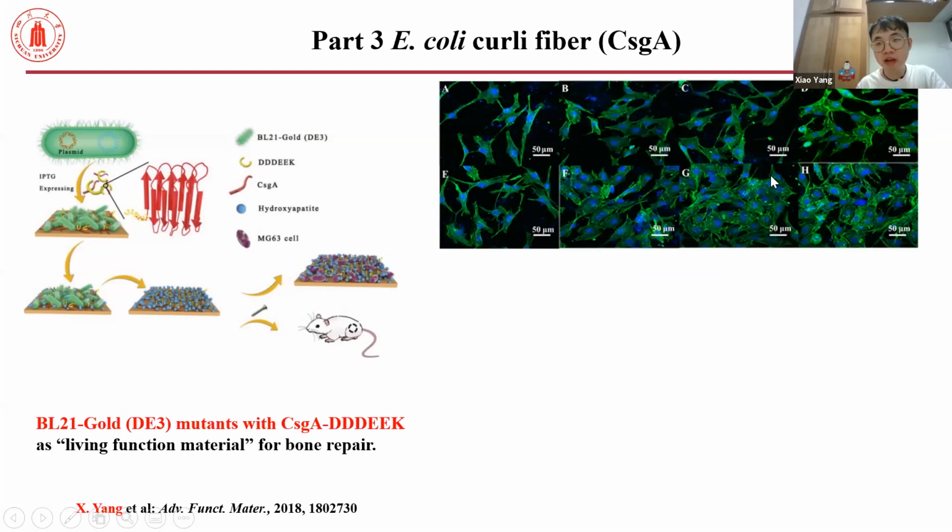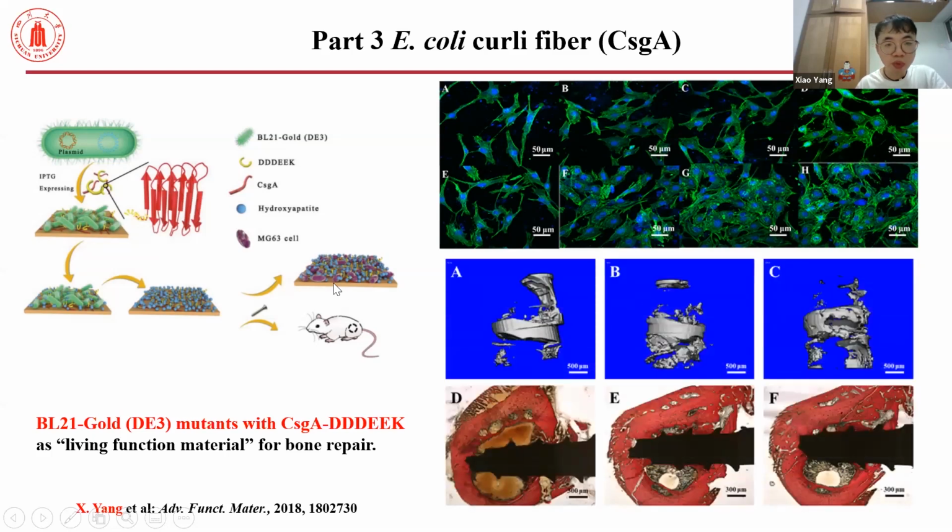We can see there are a lot of cells adhering to the surface, and we also use it to repair the bone of the rats. We can see it has a good repair rate, and we call it a living functional material for bone repair.